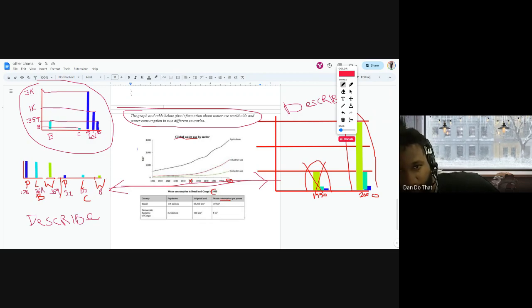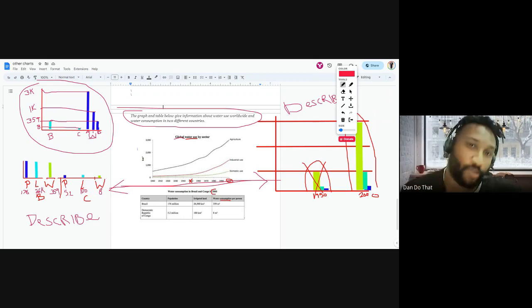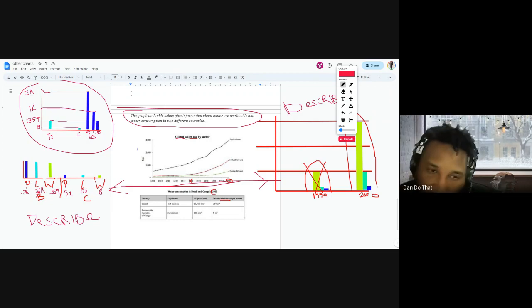And you can't say two different countries, but you can say these two specific places. I mean, you could just say Brazil and Congo. I don't know if they're south of the equator or not.